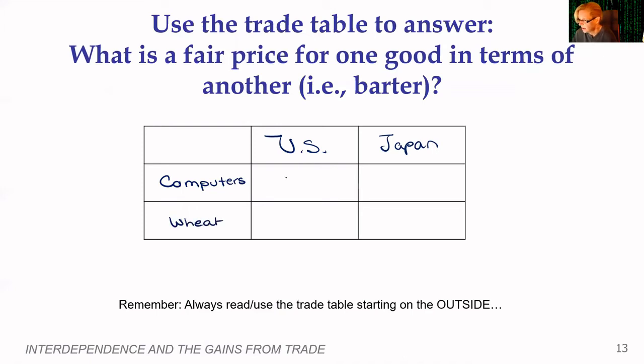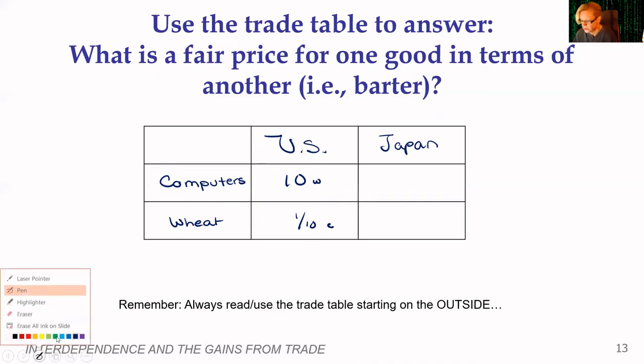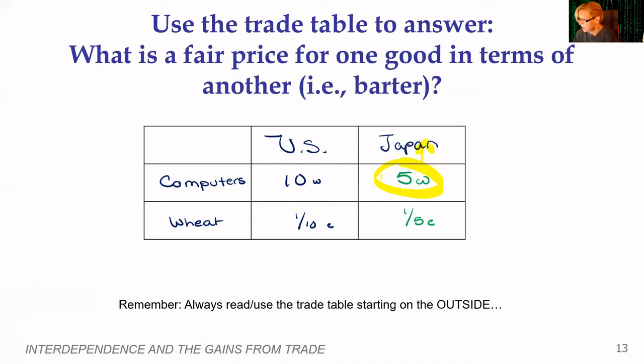And we get 10 wheat, 10th of a computer, and let's just do that there. Okay, 5 wheat, 5th of a computer, and then let's highlight it. So 5, that's Japan. It's going to produce computers. 10th, and that's the US, and they're going to produce wheat. Okay, so that's the information that we have so far.